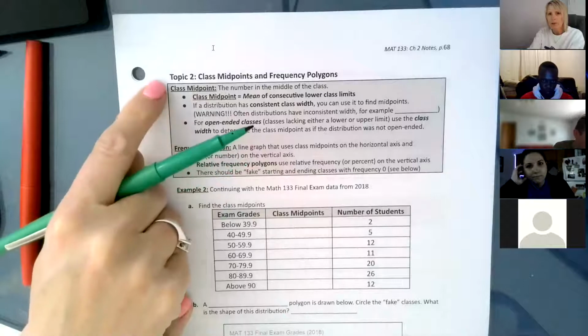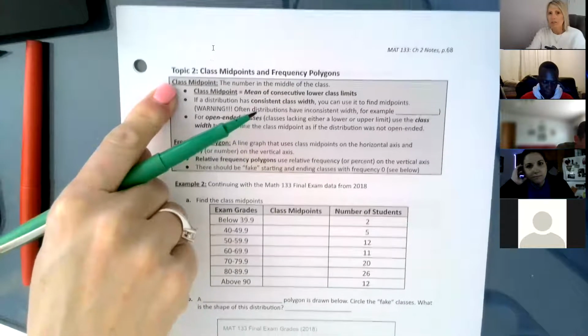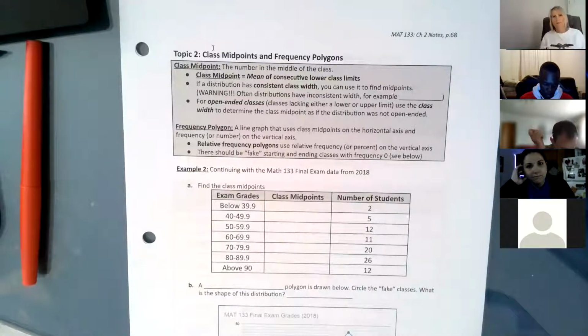And this is especially important for the worksheets where there are classes that aren't evenly spaced. On the chapter 2 worksheet, those are all evenly spaced. It's the chapter 3 worksheet that has some classes that are oddly spaced.